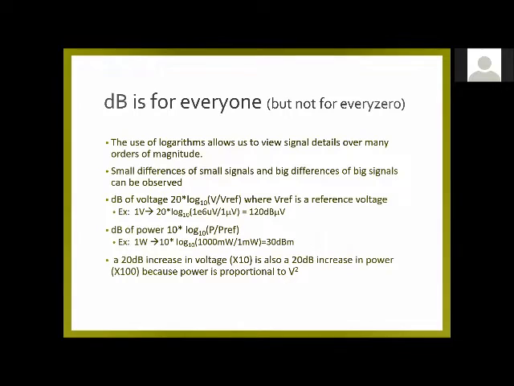Now, the reason why it's different, one is multiplied by 20, another is multiplied by 10, is because power is V squared over R. And that's 20. And of course, watts are power.